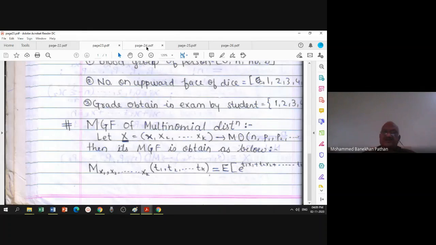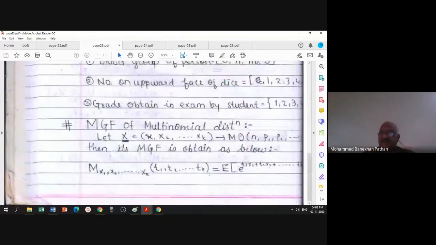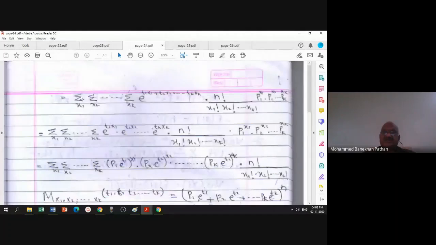How to evaluate this? If there is an expectation of one variable, capital E is replaced by one summation. Now this is the expectation for k variables, so E will be replaced by k summations: summation over x1, sum over x2, up to sum over xk.